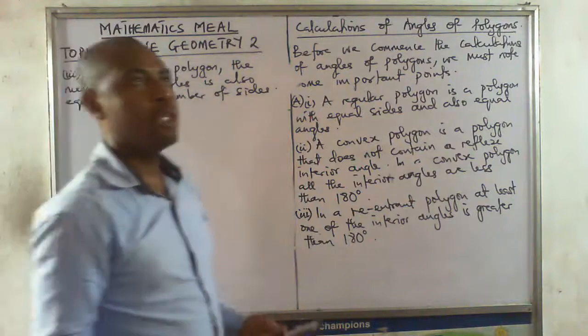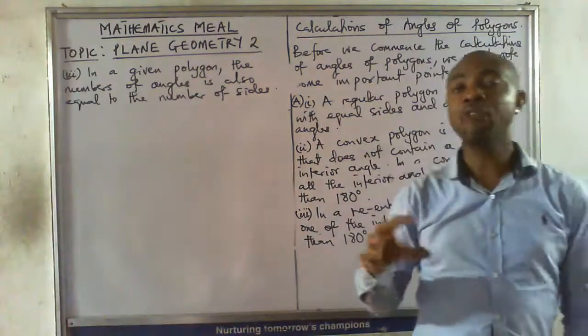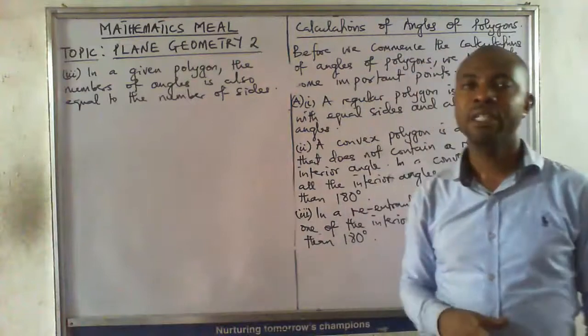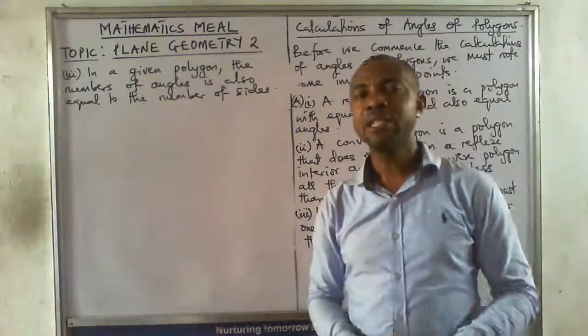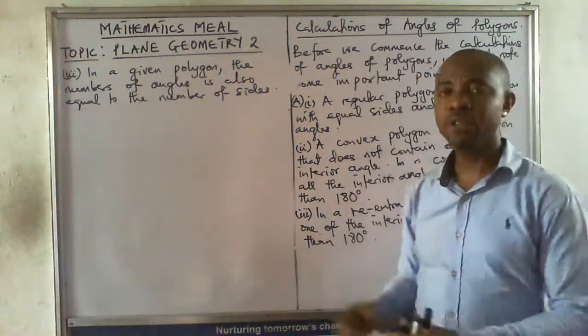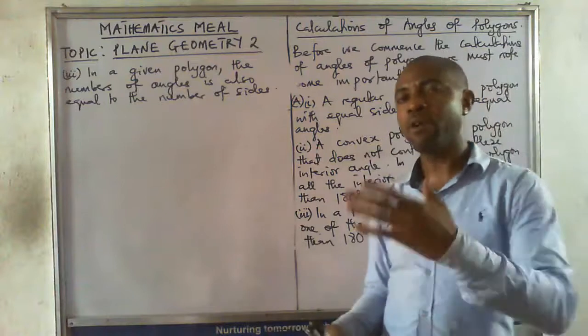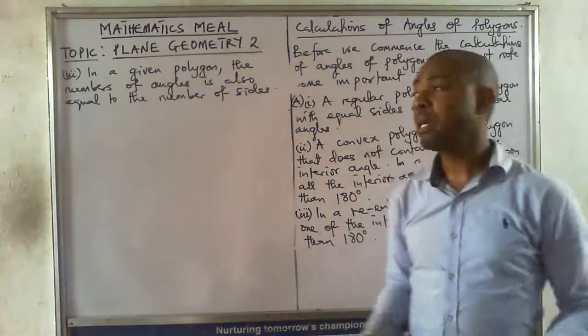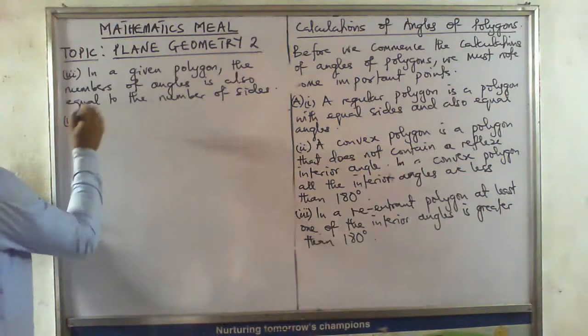So if you have a polygon and there are 4 sides in that polygon, that means that polygon will also have 4 angles. You get that now? So if a polygon has 4 sides, the polygon will also have 4 angles. The number of sides of a polygon will tally with the number of angles that are obtainable in that polygon.